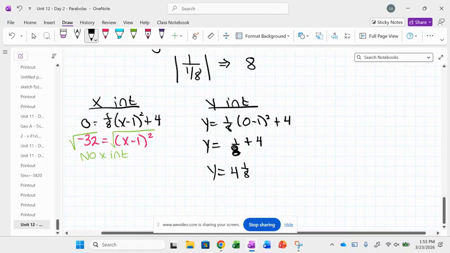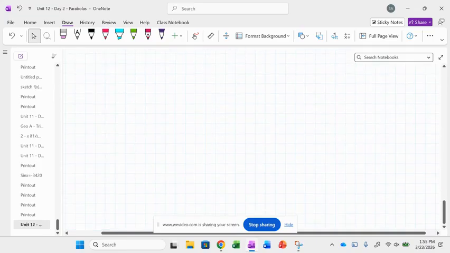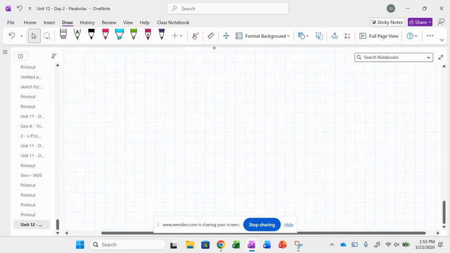Why do you think I'm going to leave it as a mixed number, 4 and 1/8? Yeah, because it's easier to visualize a mixed number on a graph versus an improper fraction. So the y-intercept is 0, comma 4 and 1/8. Now we have everything we need to graph.